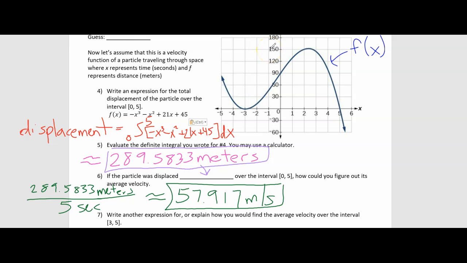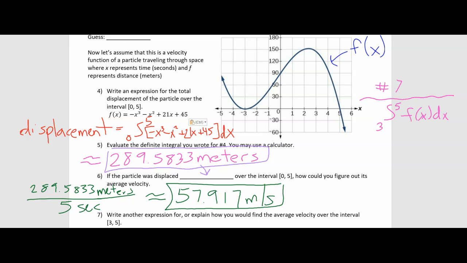Okay, so there's a couple ways you could write this, and I'll write down multiple ways just in case you did it differently. For number 7, the first thing we need to do would be to find the displacement of the particle over that given interval. So we would have the integral from 3 to 5 of f of x dx.